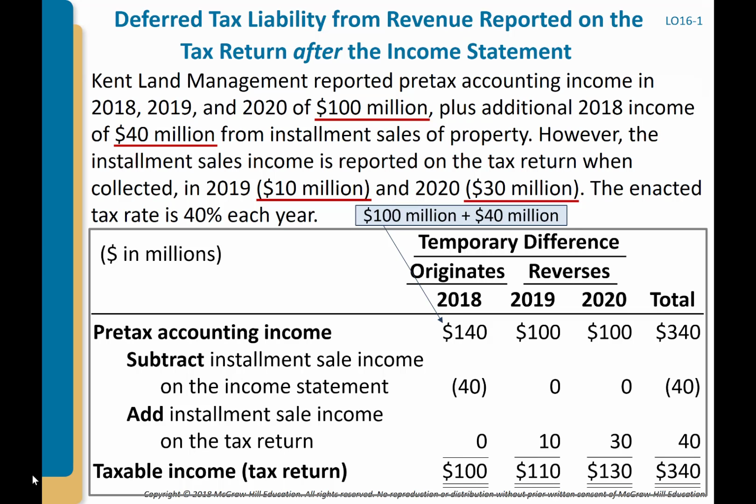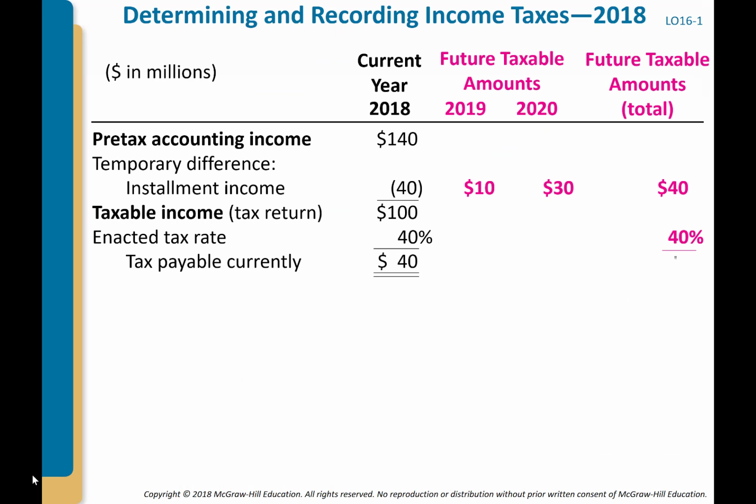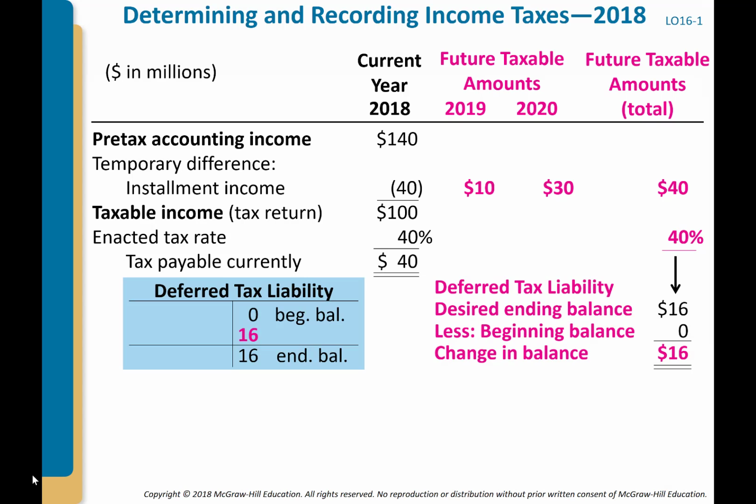So we're going to have to pay that tax in the future. So we're going to have a deferred tax liability, aren't we? Right? And so if we come over and we take a look at how we calculate that deferred tax liability, it's pretty simple, guys. You simply take the amounts that you're going to report as income in the future, and you add those together. 10 in 2019, 30 in 2020.